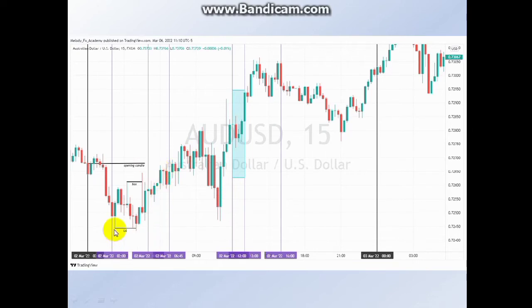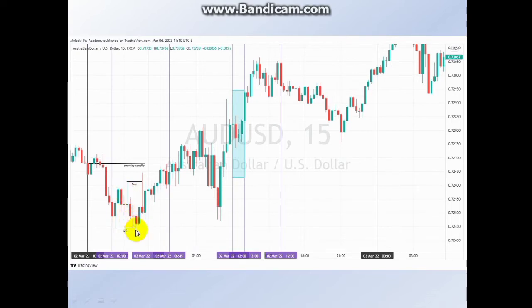Now remember, our bias is bullish for the week, and price has just traded below a short-term low, taking out sell side liquidity. So once this candle trades through, what we do is go down to our next intraday time frame, which is the 5-minute chart.